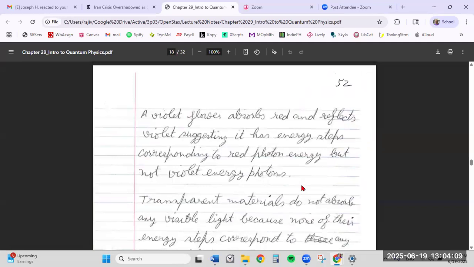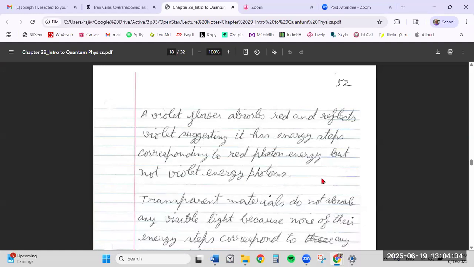So what provides color to different objects that we see? For example, a violet flower absorbs the red color and reflects the violet. If you recall the order of the visible spectrum, violet is the highest frequency, red is the lowest frequency.